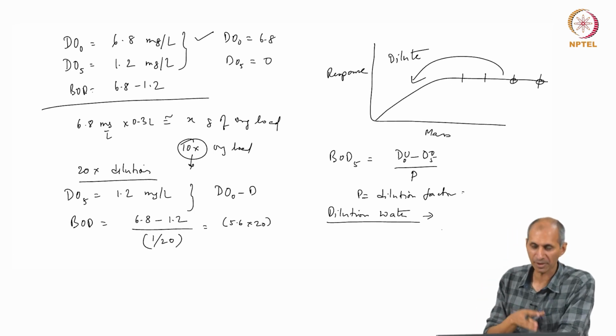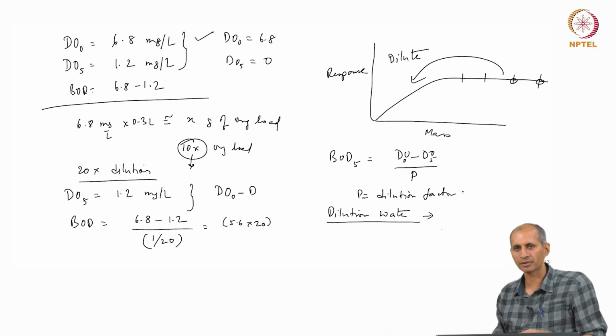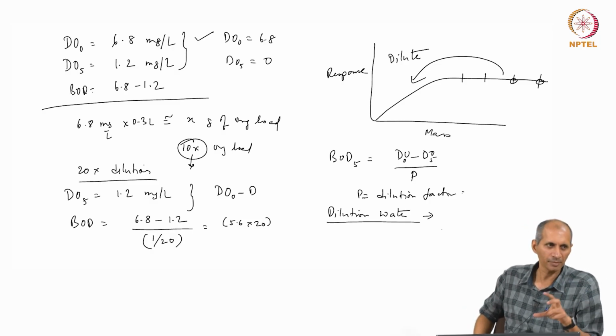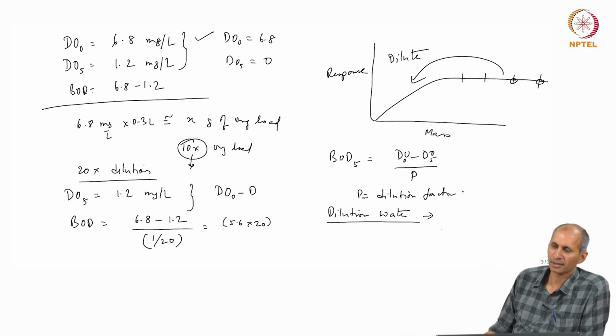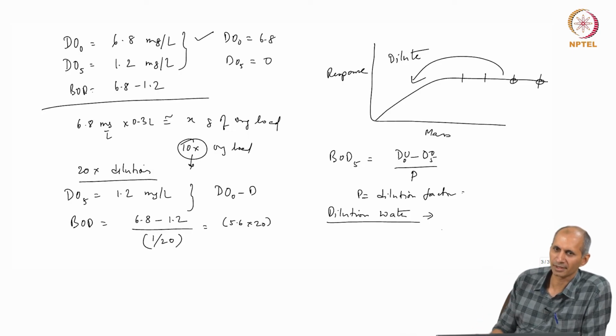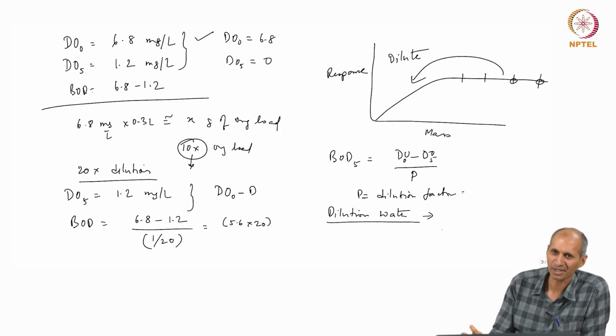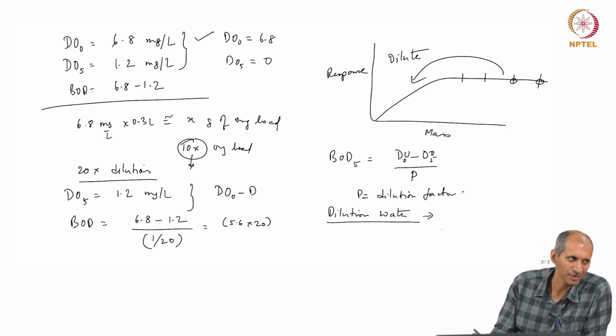If I am diluting 20 times or 100 times, which means that in the 300 ml sample bottle, 3 ml is the actual sample, the rest of it is my dilution water. So, the dilution water is a matrix. Now you have to check what is the BOD of the dilution water.